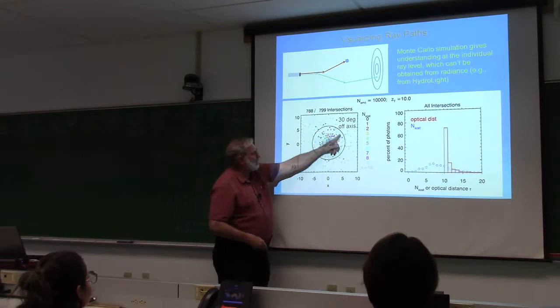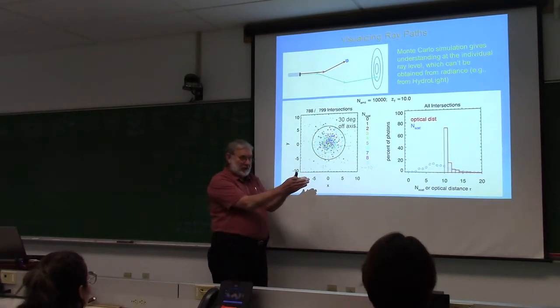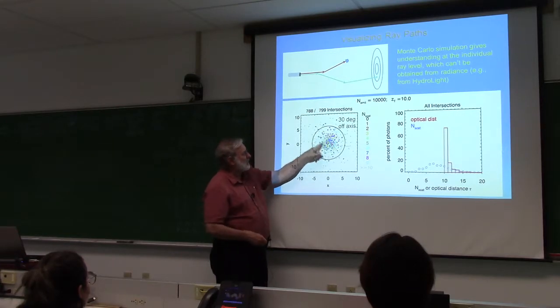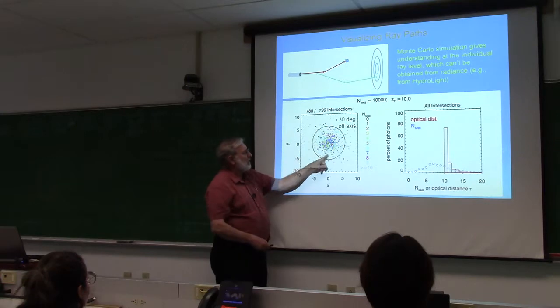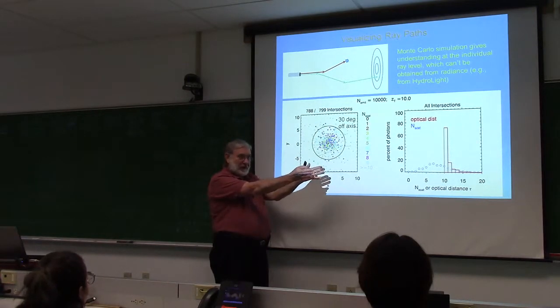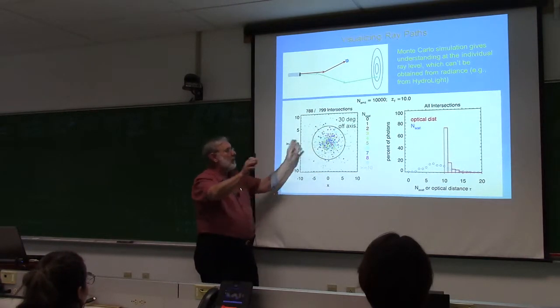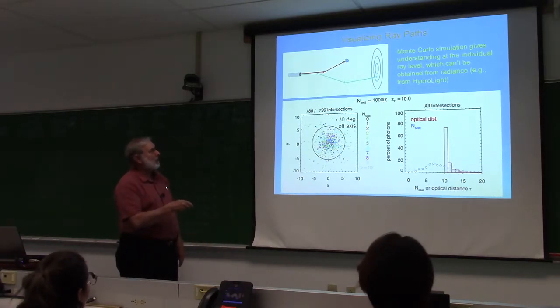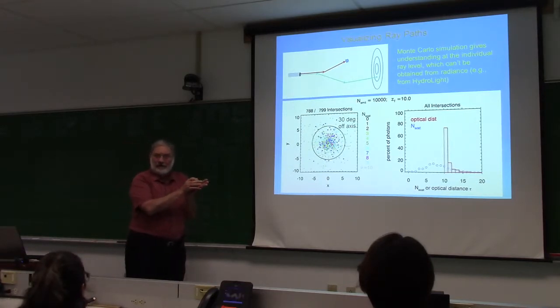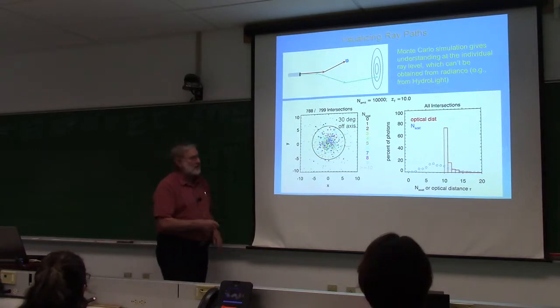I just drew a circle here where this is 30 degrees off axis, and you can see most of the rays are going off. They scatter a little bit. They're mostly in this sort of 30 degree zone. Some of them go further out, and almost all of them are on this plot. Occasionally one will go off somewhere else. So you can kind of look at this and get a feeling for what the light is doing.